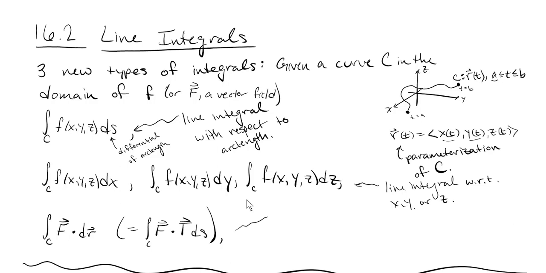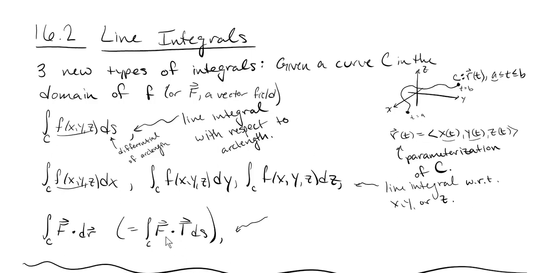And now this last one's fundamentally different. Instead of having a scalar function f inside like we did for the line integrals with respect to arc length or with respect to x, y, or z, this last variety down here is a line integral of a vector field, F dot dr, which might lead you to think the differential of this r parameterization. That's exactly what it is.